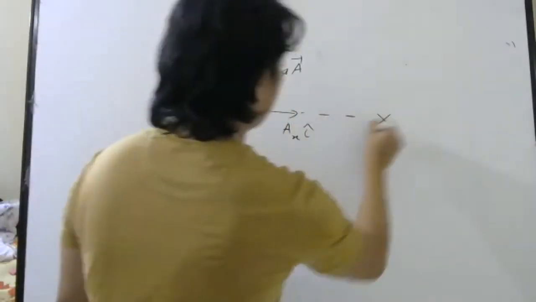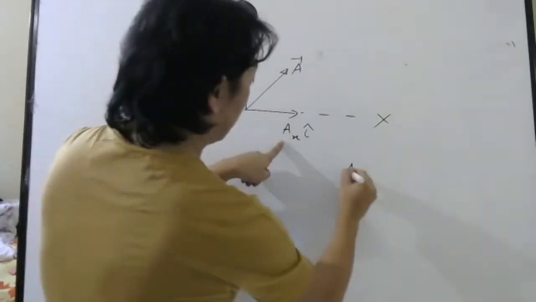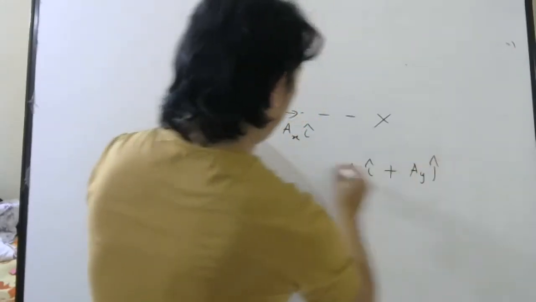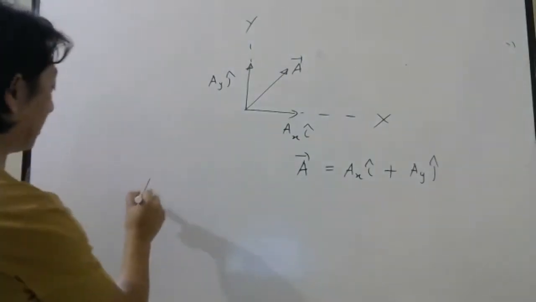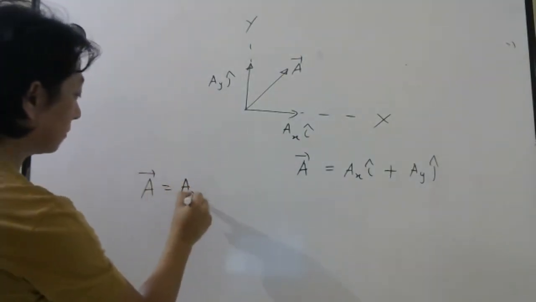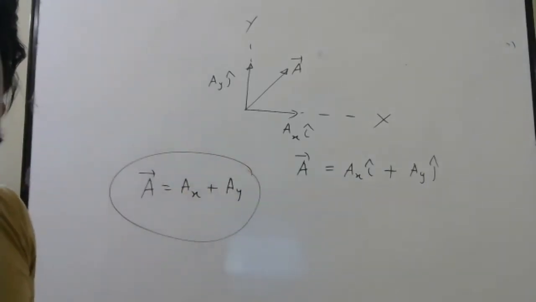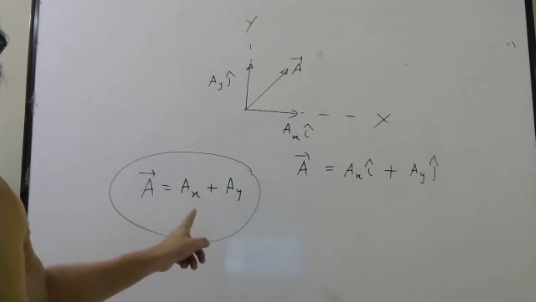This is along x, this is along y. If you add this vector and this vector, Ax i cap plus Ay j cap, you will get this vector. Students, can I write like this? Yes or no? Y means yes, N means no.